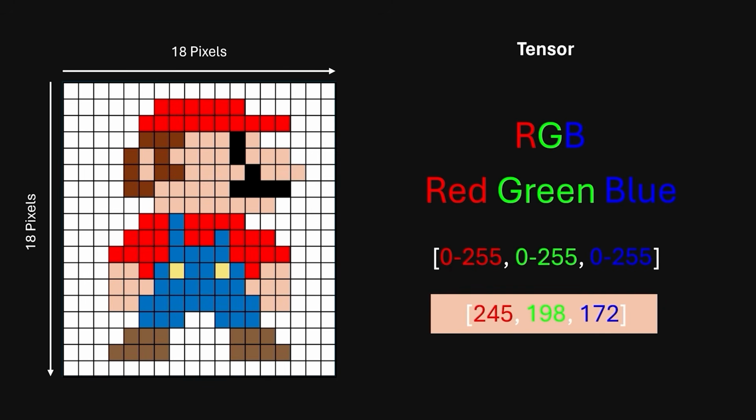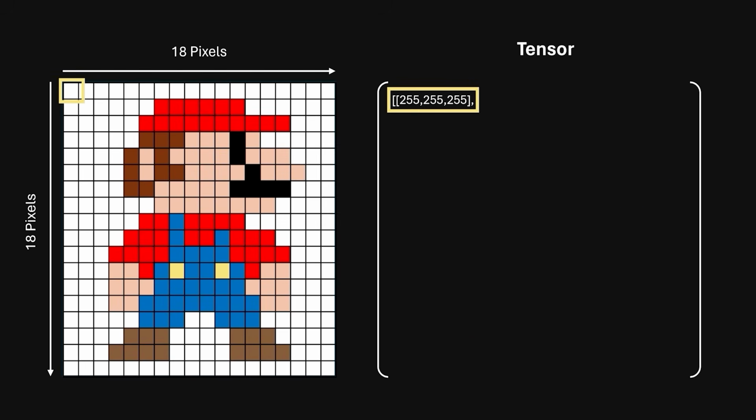Now that we understand RGB codes, how do we use these RGB codes to make a numerical representation of the image so that it can be processed and manipulated by the diffusion model? Very simple, actually. For every pixel in the image, an RGB code is created to represent its color.